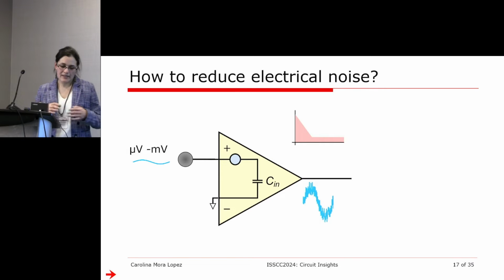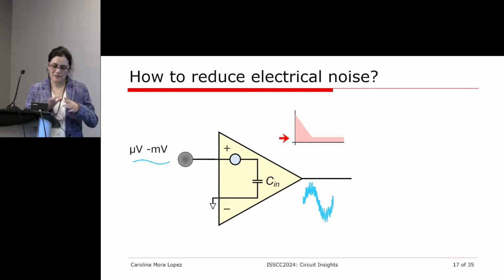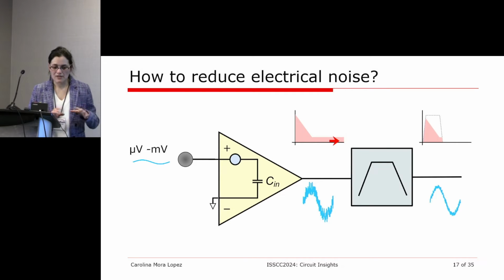You can think, for example, if you have your amplifier with noise, you know that your frequency spectrum will look like this. You have your 1/f noise, your thermal noise, and you think we have one very easy method: I will apply a low-pass filter to remove part of this noise.